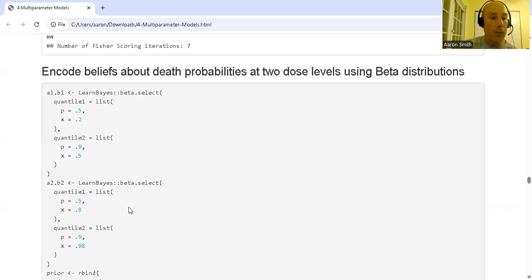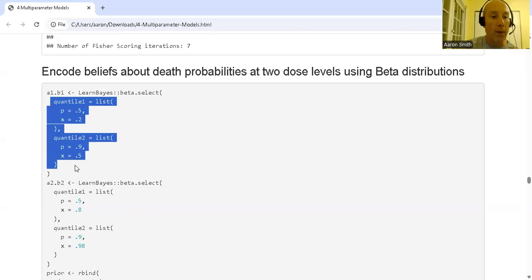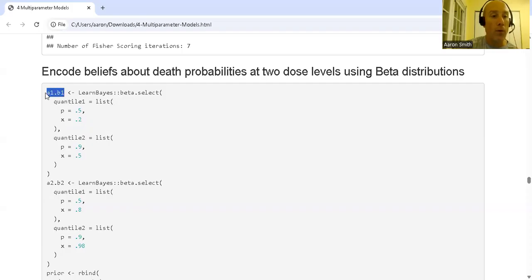Okay, so what we're going to do, we've got quantile statements about the beta distribution at two different doses. I'm going to drop these into the first dose location of negative 0.7.